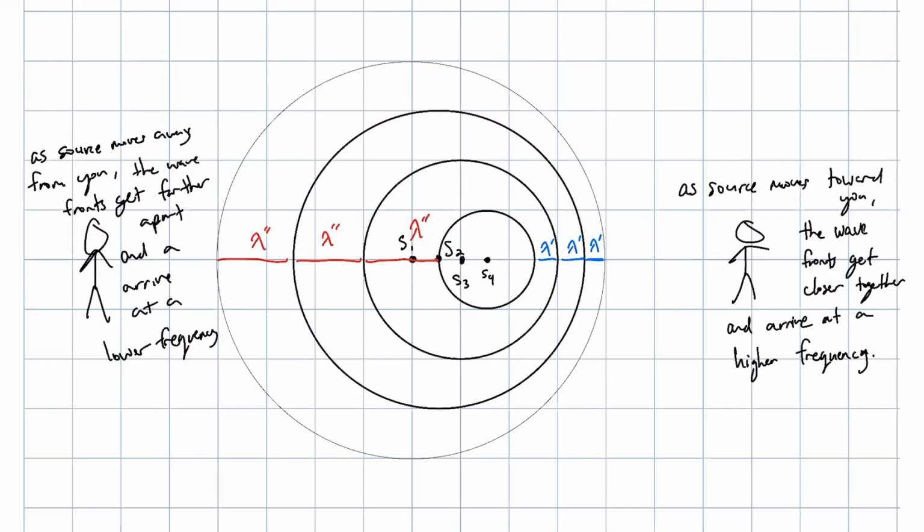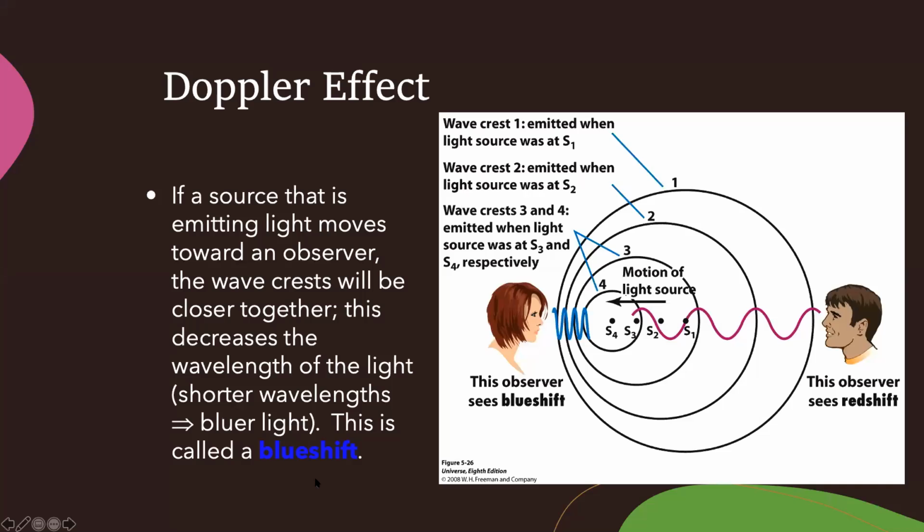So the same thing happens with light, except the color changes. And we call this red shift and blue shift. So here, coming back to this slide, we have the source moving towards the left. The waves on the left side are sandwiched closer together. Therefore, they will arrive at this woman's eyes with a greater frequency. And the light will appear more blue than when it's stationary.